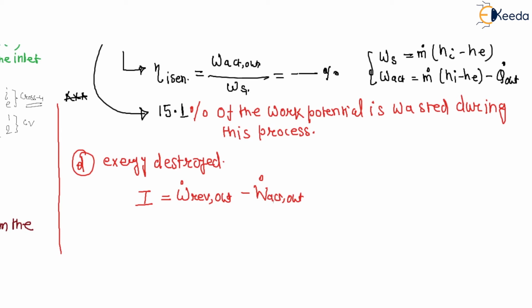This is exergy destroyed. So what is the reversible work out? 5072 minus 4306. So this is your 776 kilowatt.